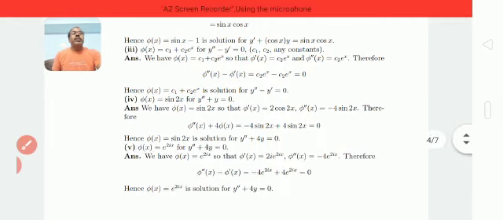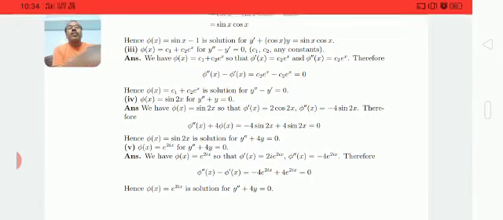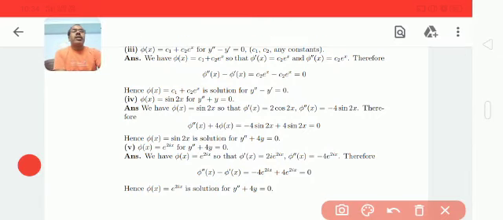Now we consider two more examples where we verify that the given functions are the solutions of the given differential equation. So here the given function is phi of x equal to sine 2x, and the second order differential equation is y double dash plus y equal to 0, which is a homogeneous differential equation. So determine the first derivative and second derivative of the given function.